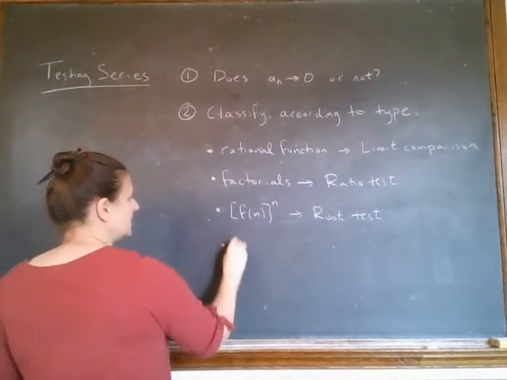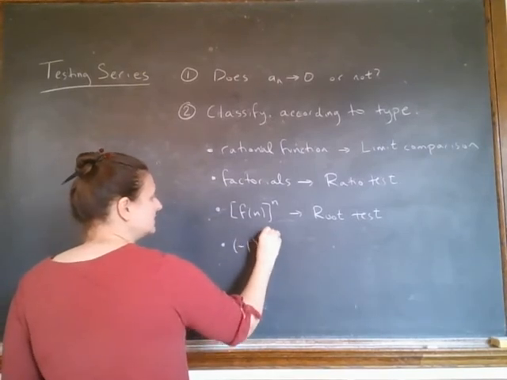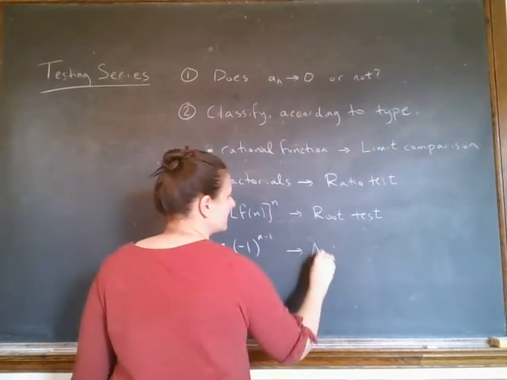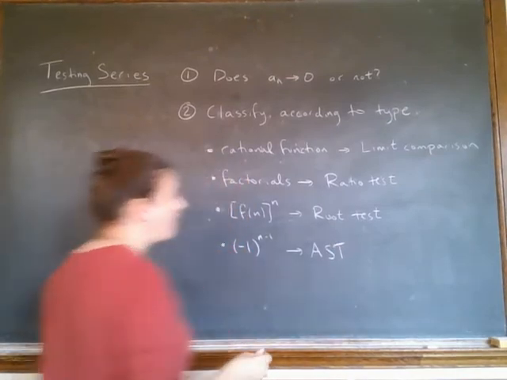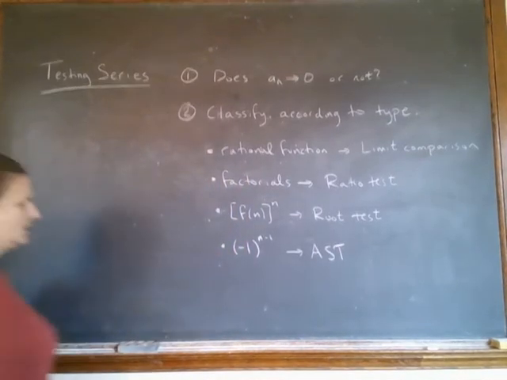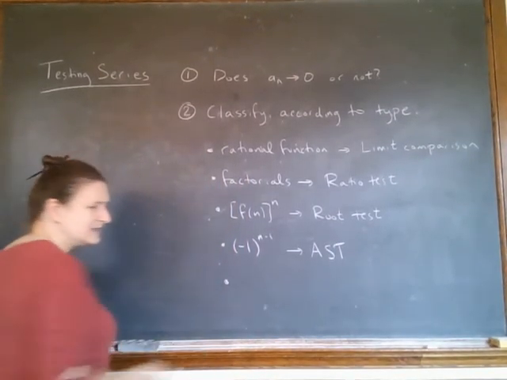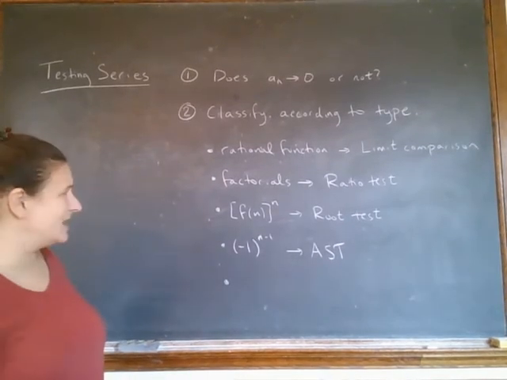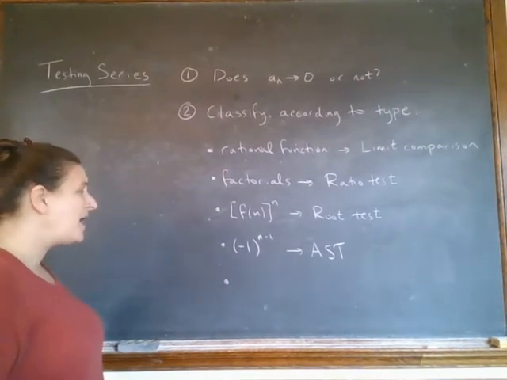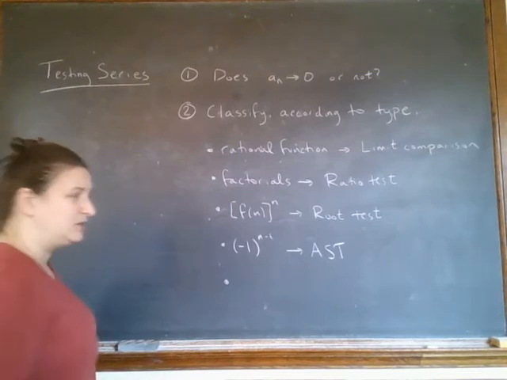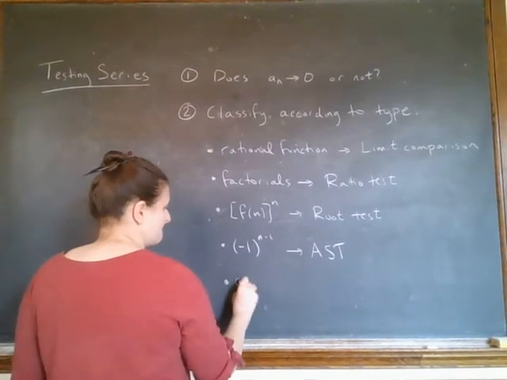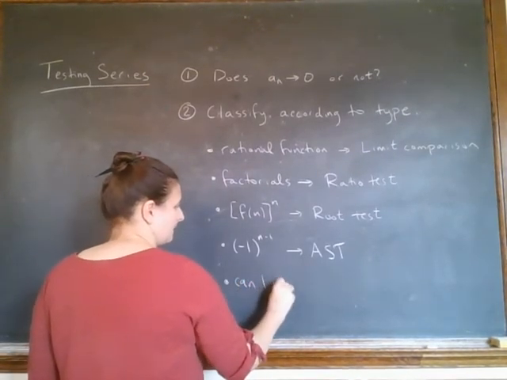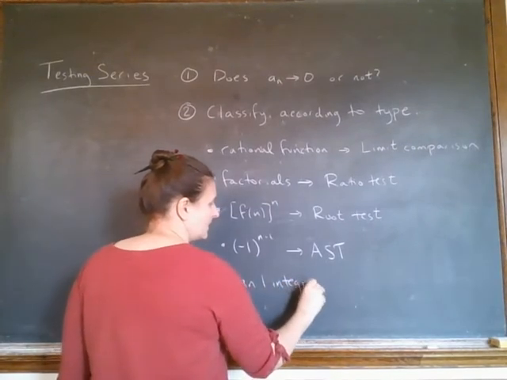If I see an alternating series, I'm going to immediately use the alternating series test. If I see that it's something that's none of these things, but hey, maybe I can integrate it, and try the integral test.